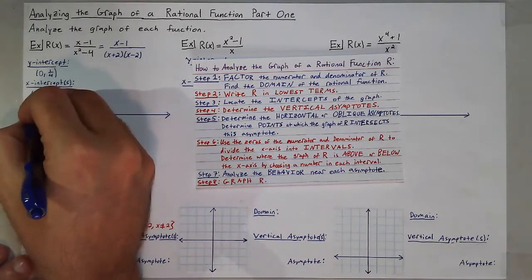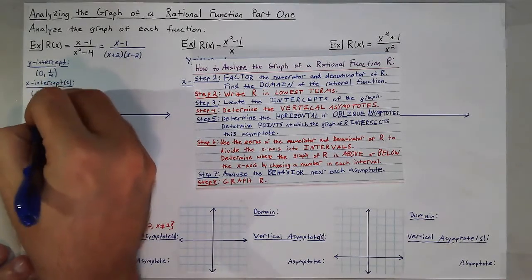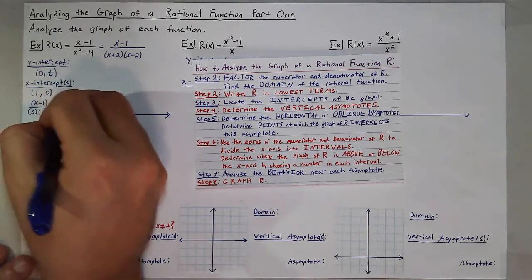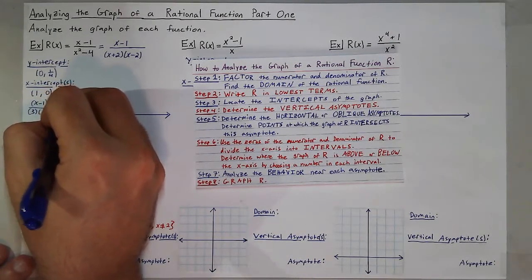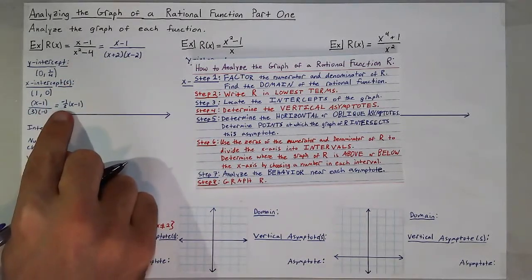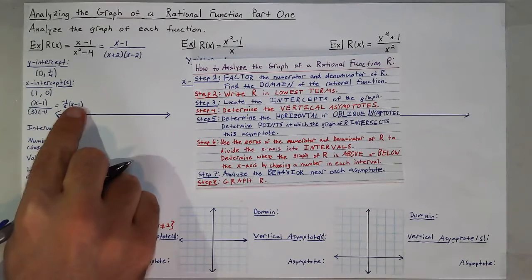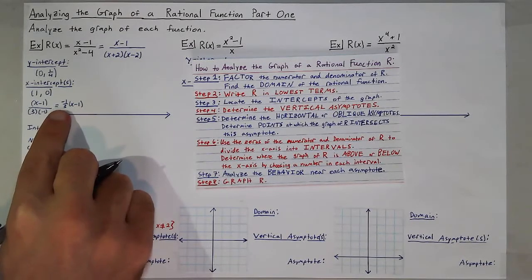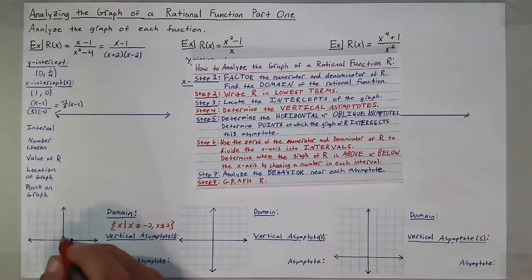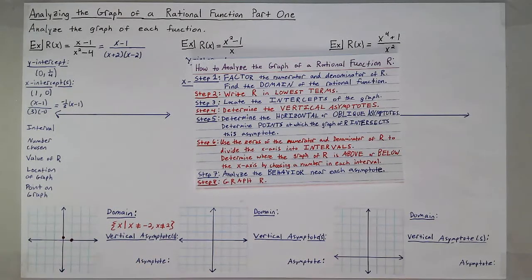So I would get x minus 1 over 3 times negative 1, which would turn into negative 1/3 times x minus 1. The reason why that's important is it tells me that negative 1/3 is in front of this factor, a slope of negative 1/3 as I go through that point. So if I had to guess how this was going to interact with this spot, I would go through it at a very shallow slope, but negative. It's going to help me graph later.